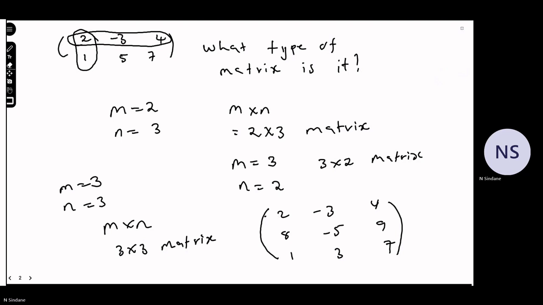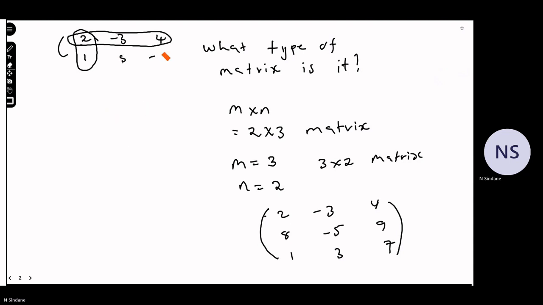And let's see, if you are given a matrix like this, one last one, what would you say? Remember, the previous one is a 3 by 3. Let's say you're given 1, 7, 5.